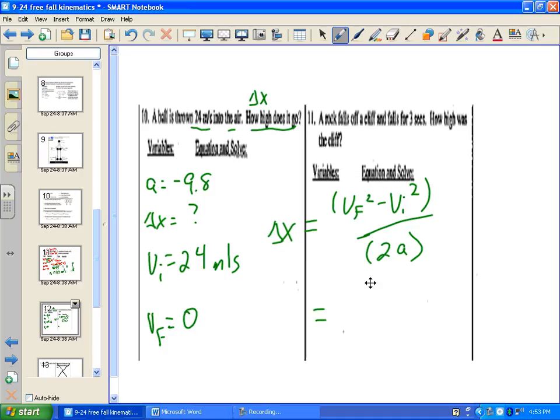So when you plug these in, you get 0 minus 24 squared divided by 2 times negative 9.8. You must put the 2 times negative 9.8 in parentheses like it's showing up here on my paper. If it doesn't look like that in your calculator as you put it in, your answer will be incorrect.